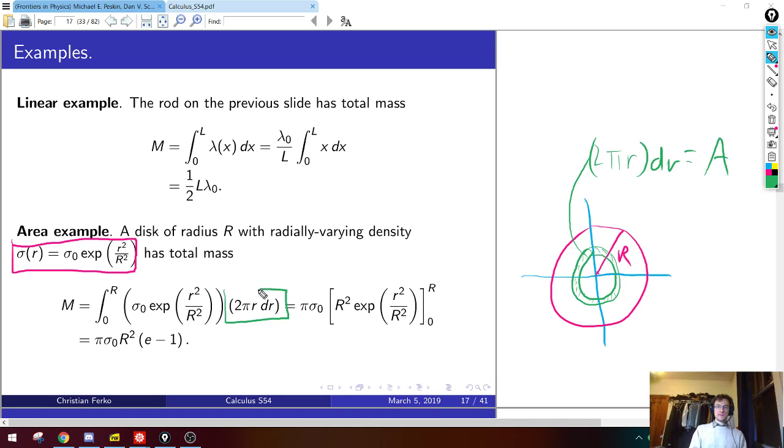Now I multiply that by the area density, sigma at r, and if I add up all those contributions, which turns into an integral, I get the total mass.